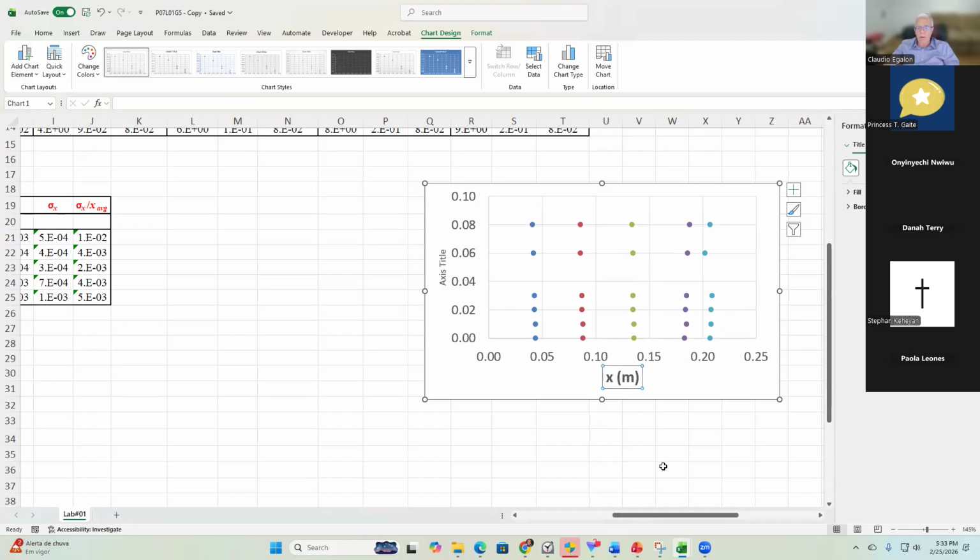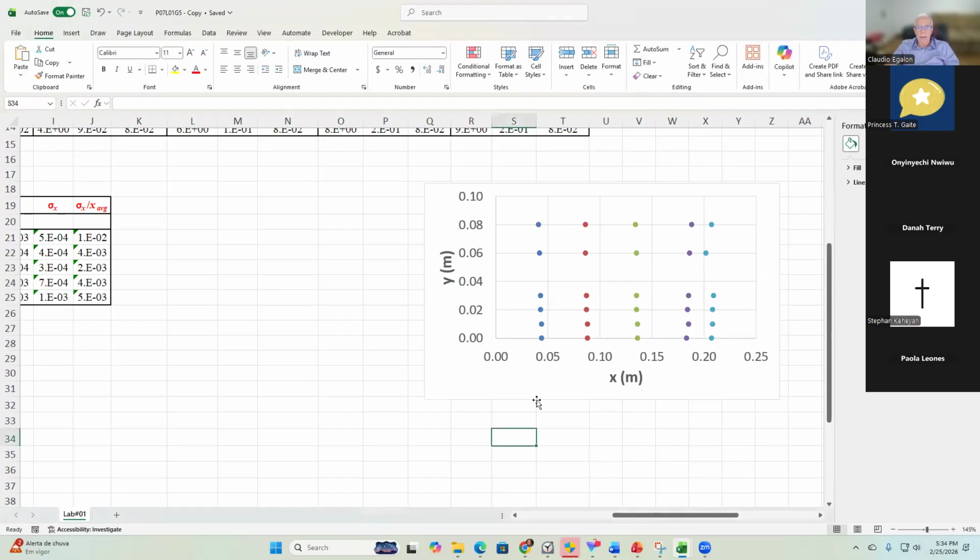The label is 16. And you do the same right in here. Type Y, parentheses, meter, right? Highlight everything, boldface, size 16. Okay. If you want to, here you go.